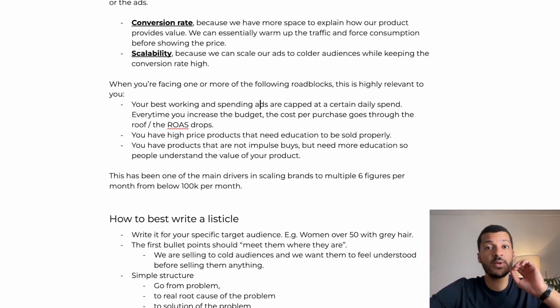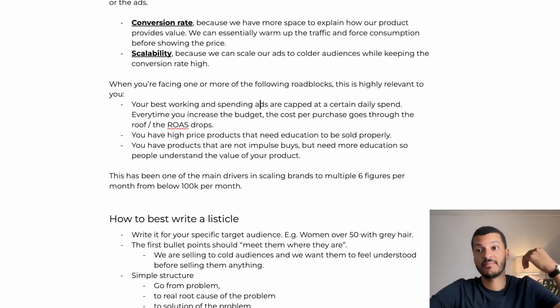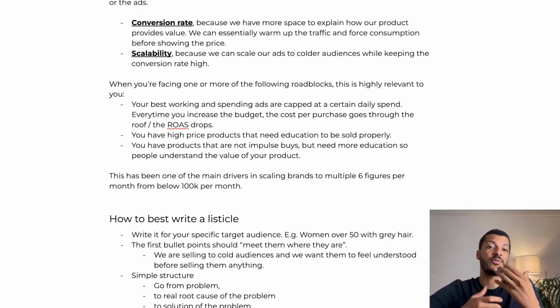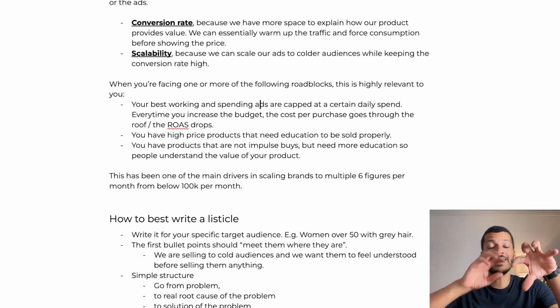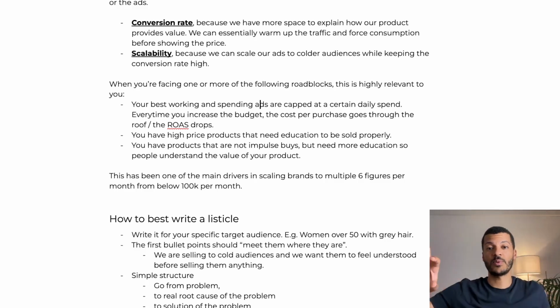So we need to make sure to educate them properly on why our product is actually worth $1,000, if not even more, so that they can relate to the price in a different way. And when they see the price, they will understand the value, right? So first you want to sell them on the value, and then you want to direct them to the price.